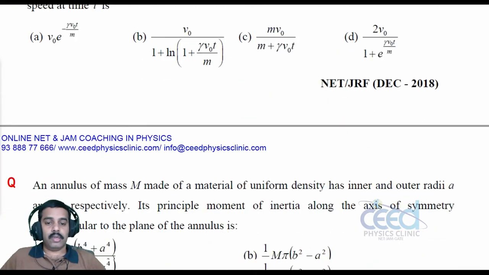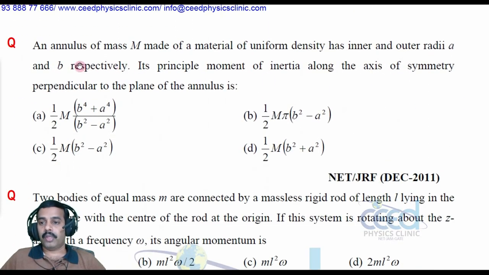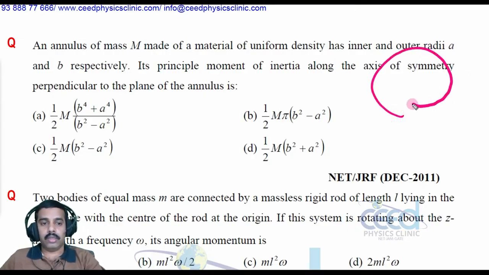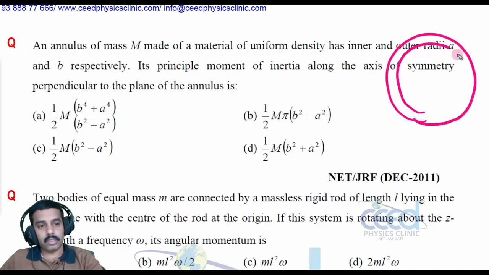Now let us have another question here. An annulus of mass m made of a material of uniform density has inner and outer radii A and B respectively. Its principal moment of inertia along the axis of symmetry perpendicular to the plane of annulus is. So we have an annulus of mass m, like this.